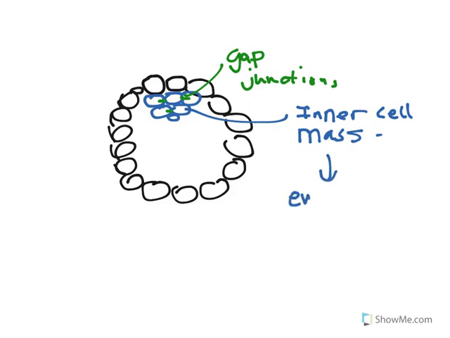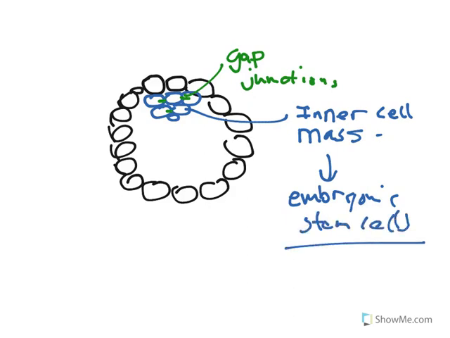These are the so-called embryonic stem cells that we hear in the news, etc. These are the stem cells that people want to try to do stem cell therapy with, the inner cell mass cells, and these guys have not been predisposed to become something yet. They can become any kind of tissues pretty much.